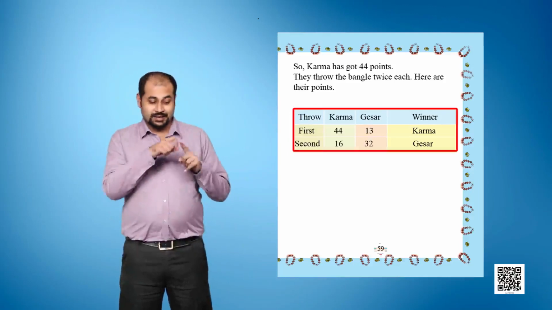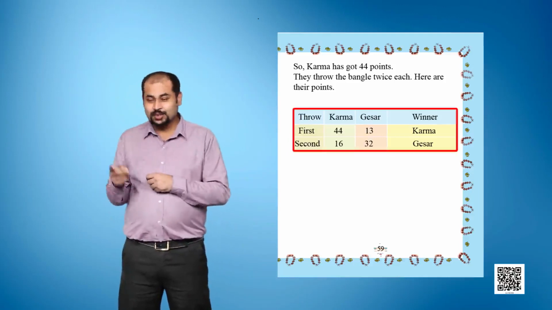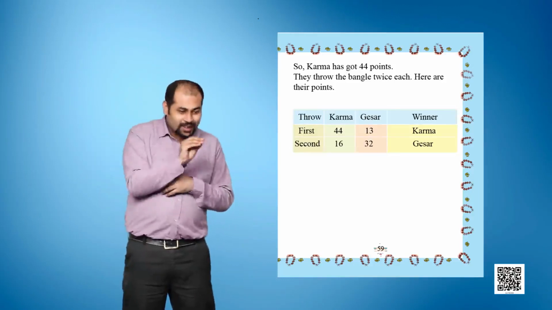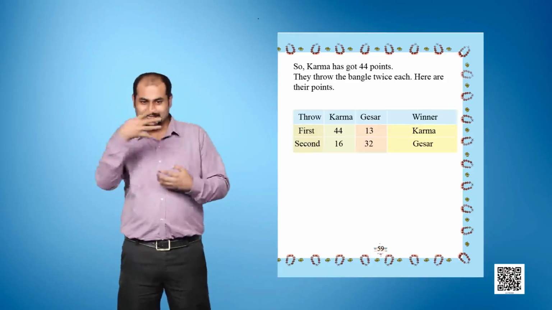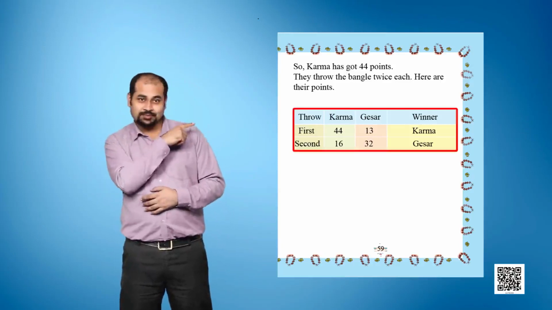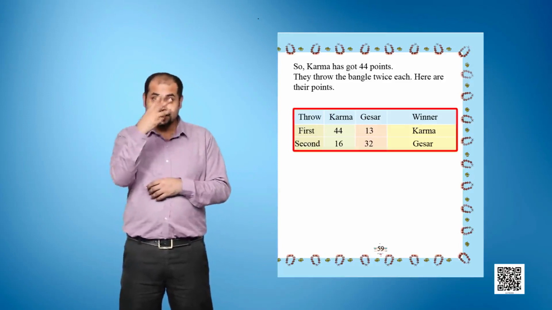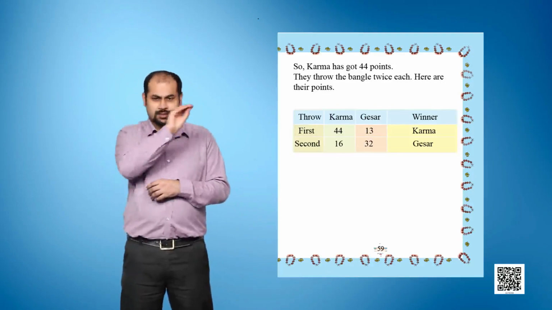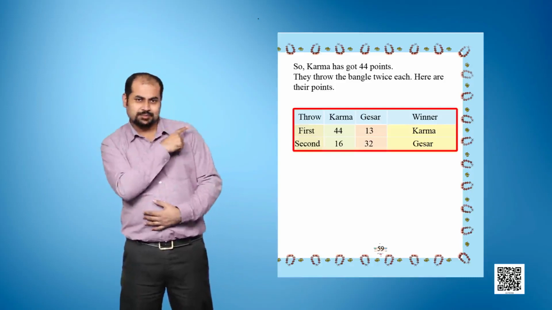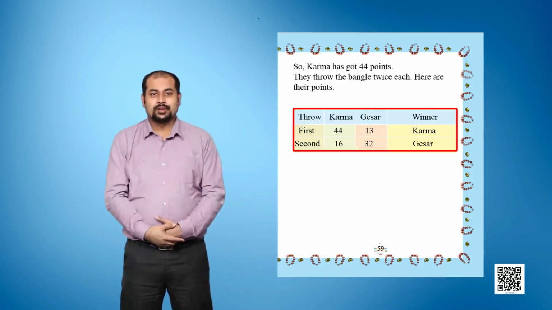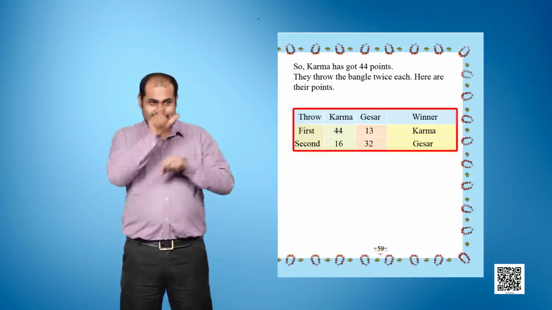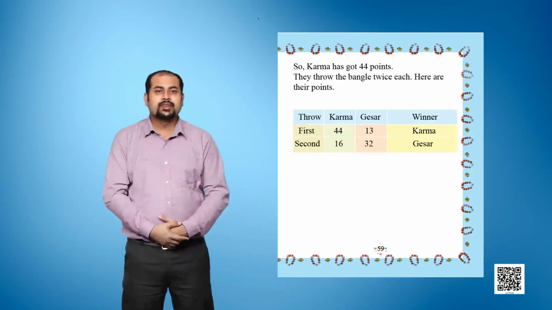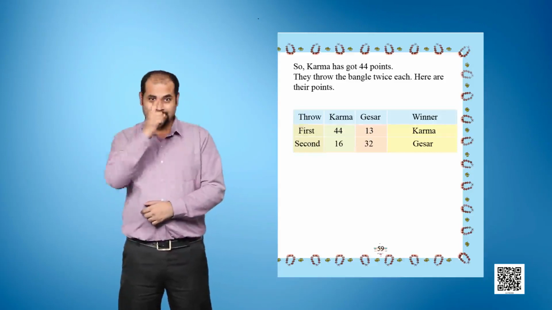The points scored by both are given in a table of 3 rows and 4 columns. Let's read the table row-wise. Row 1.